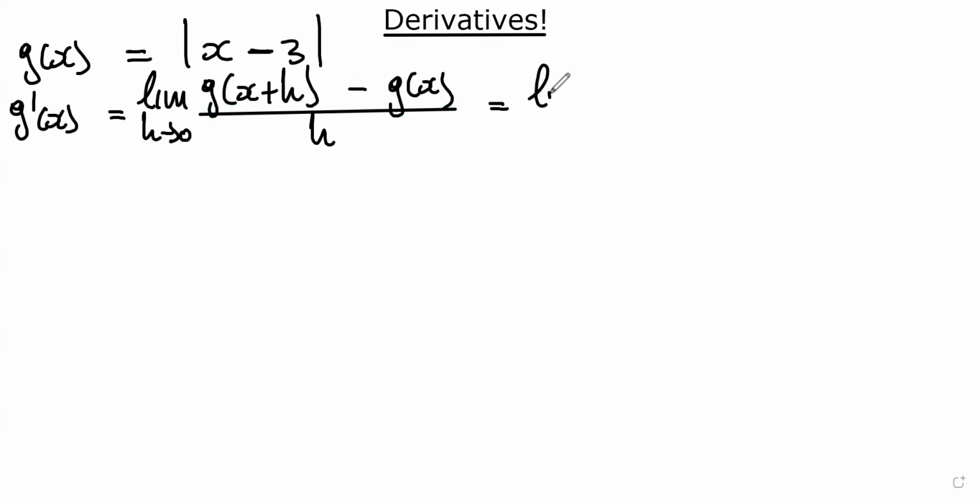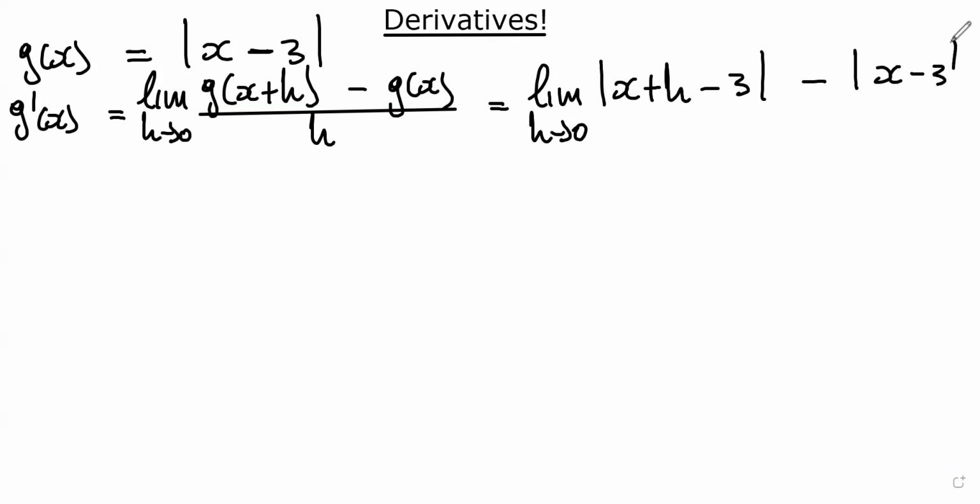Then, of course, this is just going to be the limit as h approaches 0 of the absolute value of x plus h minus 3, minus the absolute value of x minus 3, and this entire thing is simply divided by h.